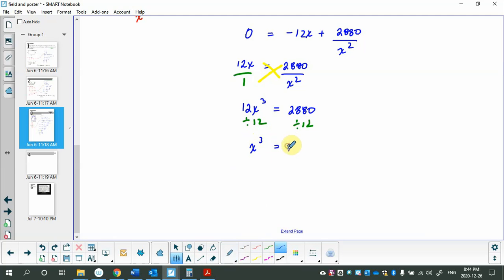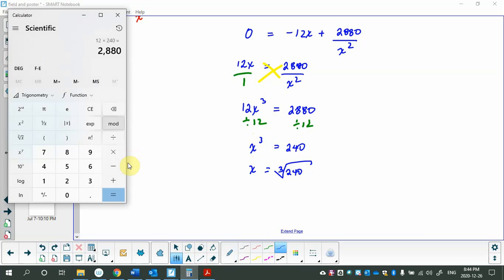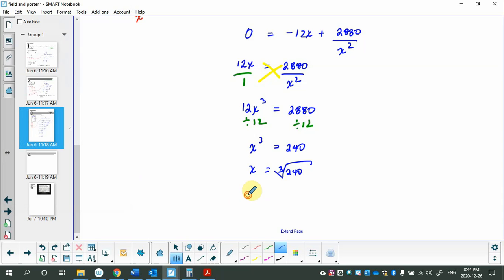And remember that when you take the cube root of a number, you have no need to worry about pluses and minuses. So 240 cube rooted is 6.21. So back to the original question.